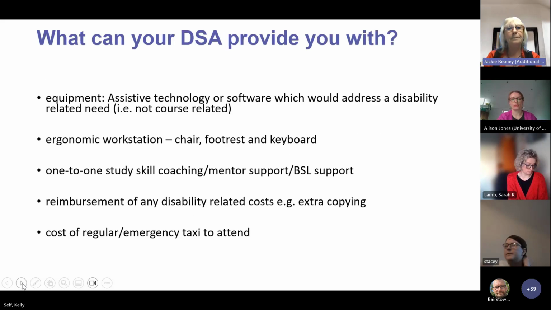Next one, please. So your DSA provides you with equipment, which might be a scanner, it might be software, it might be software that records the lectures and translates them into note-taking on screen. That's called Glean software.